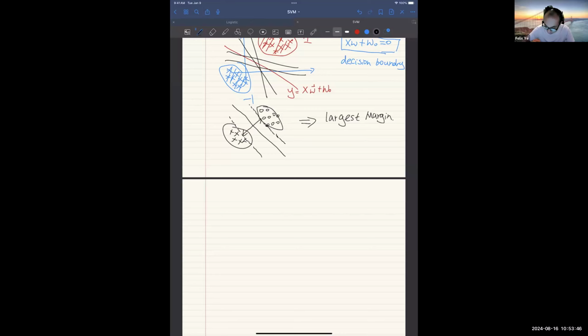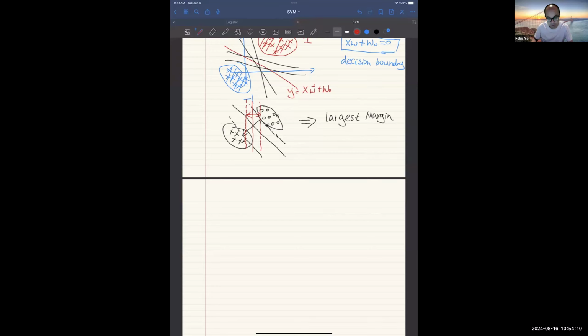On the other hand, if we choose another decision boundary like this, then the right margin will be here, the left margin will be here, and you can see the margin right here will be significantly smaller than with the black line.